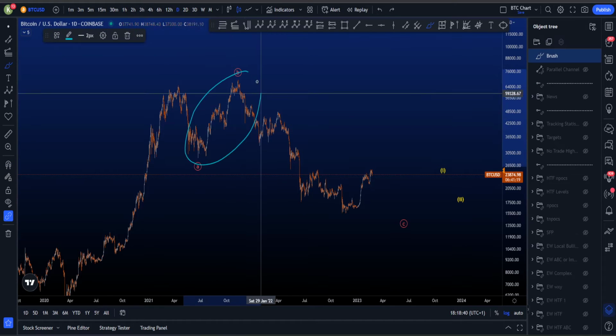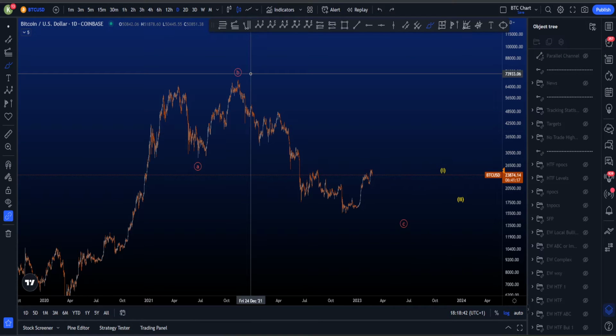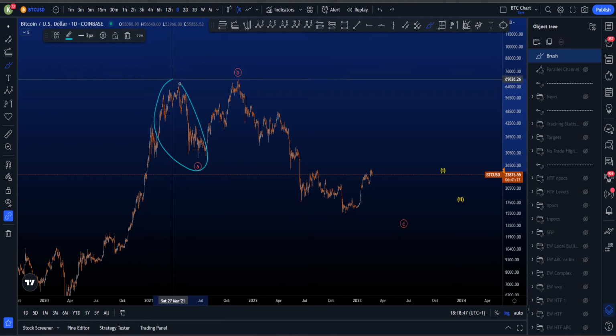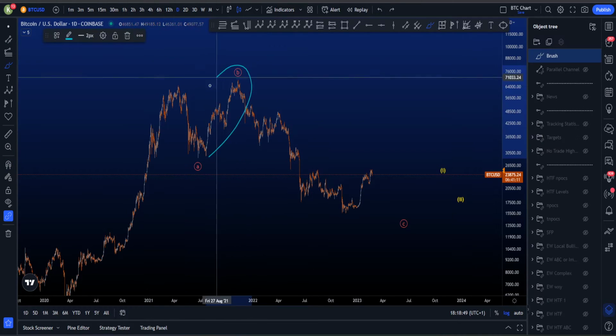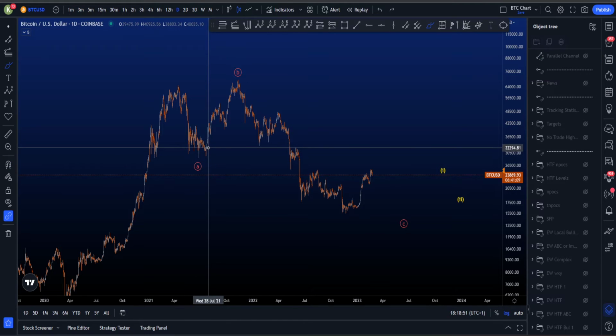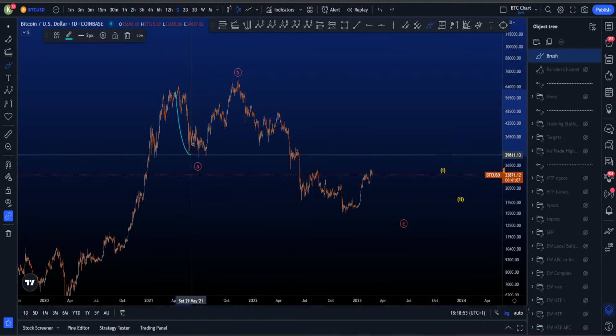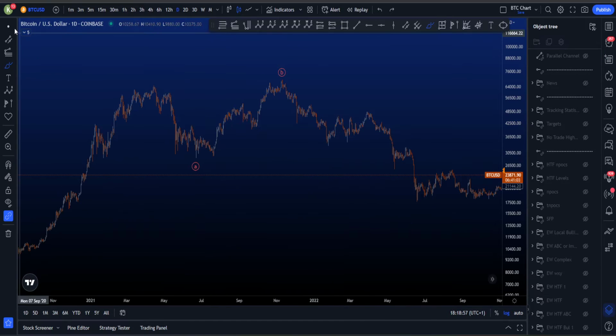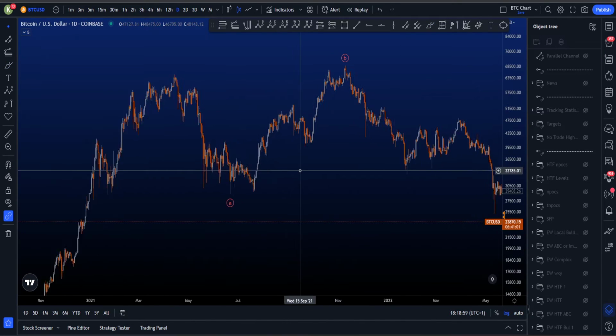The second one is that I think wave C is very out of proportion compared to wave A and wave B. With Elliott waves, the waves have a certain relationship to one another. If this scenario is a wave A and this is a wave B, then if we look at time, they don't differ too much from one another.